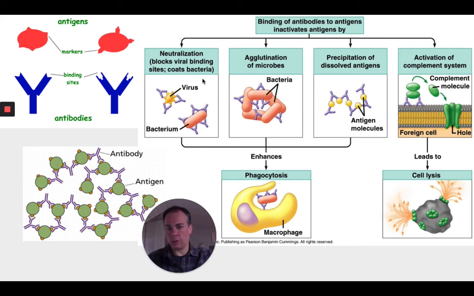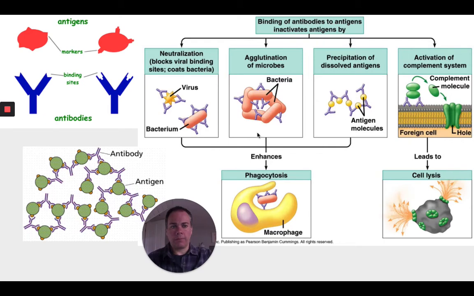That's called agglutination. So when antibodies bind to the antigens, they do several things. They can help neutralize them by preventing these pathogens from attaching to cells and entering cells. They clump those pathogens together.